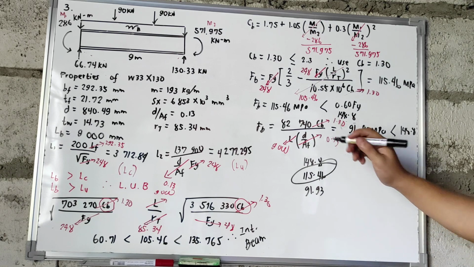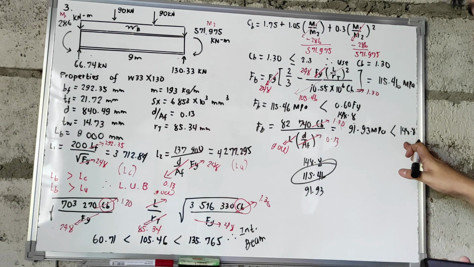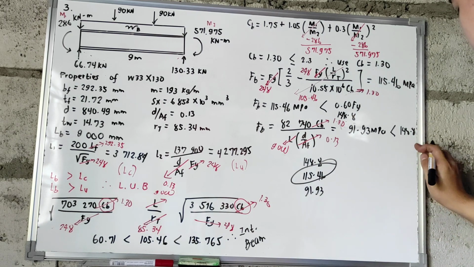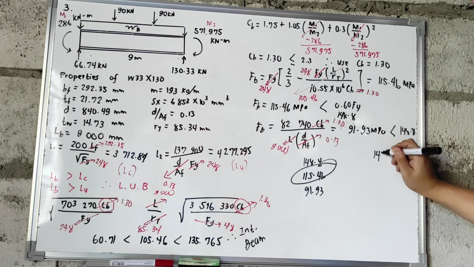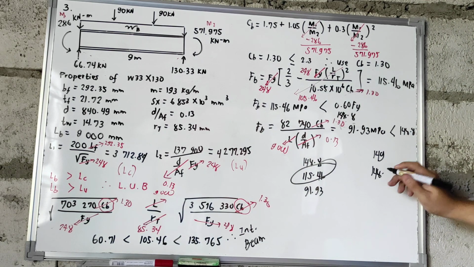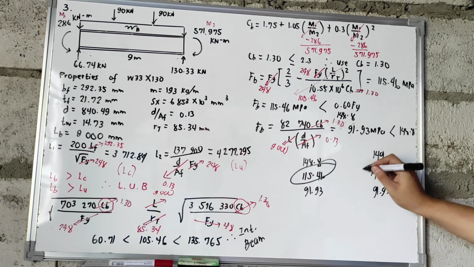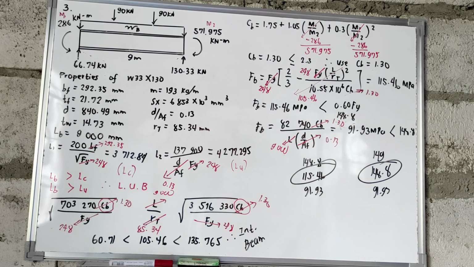Let's say, nag-exceed siya sa 148. Sabihin natin, naging 149. Yan yung pinakamataas, pero dapat is 148. So, kunin pa rin natin is etong nasa pinakamataas kasi eto na yung maximum talaga.